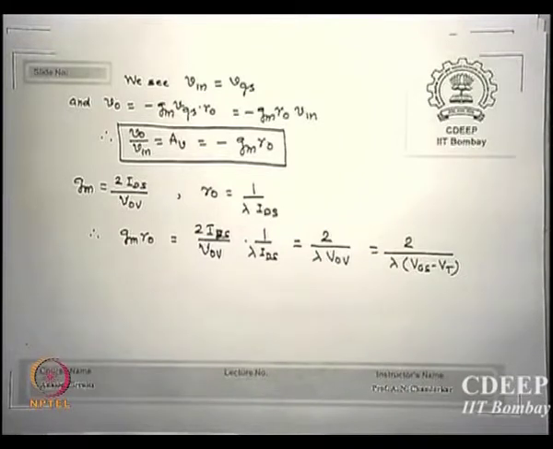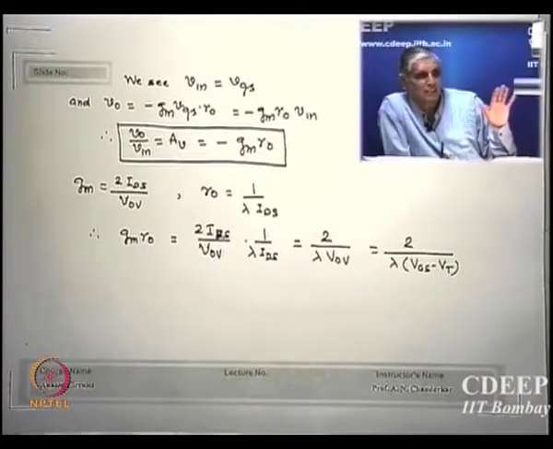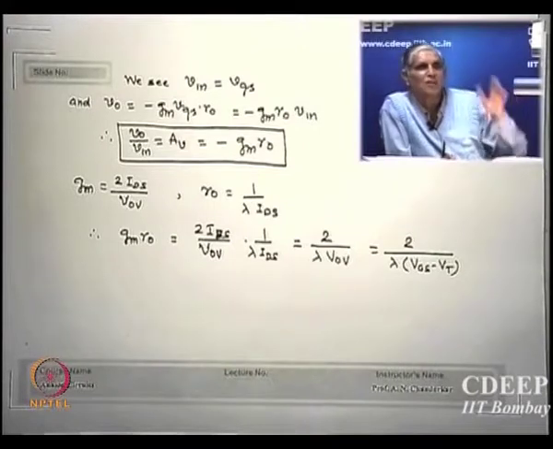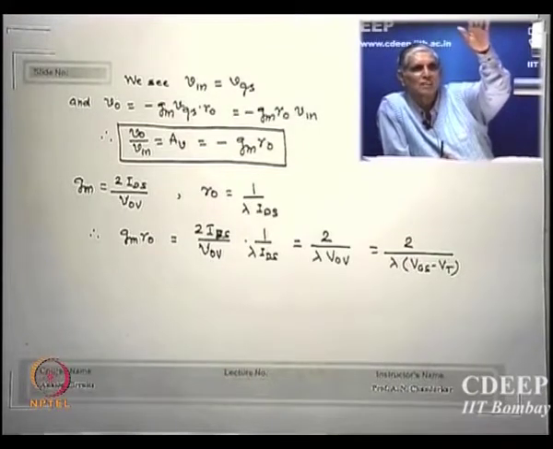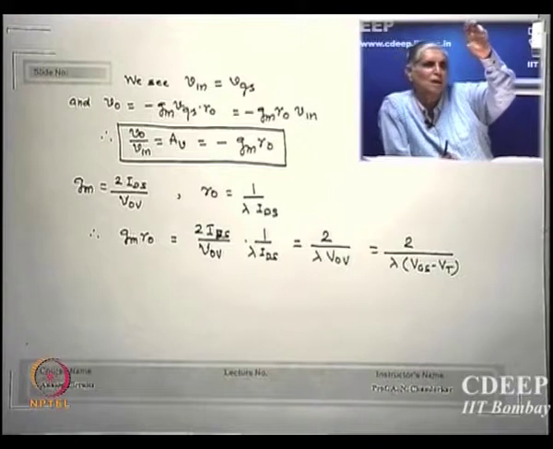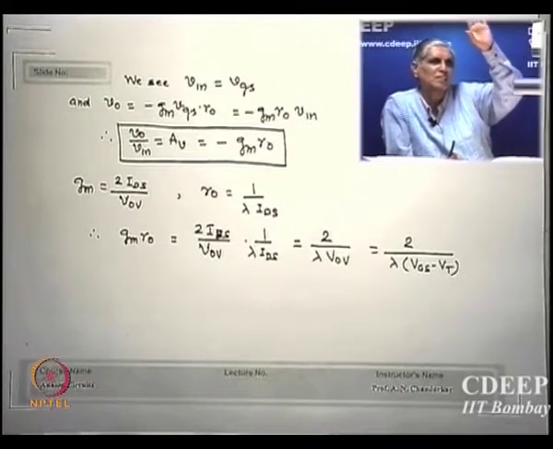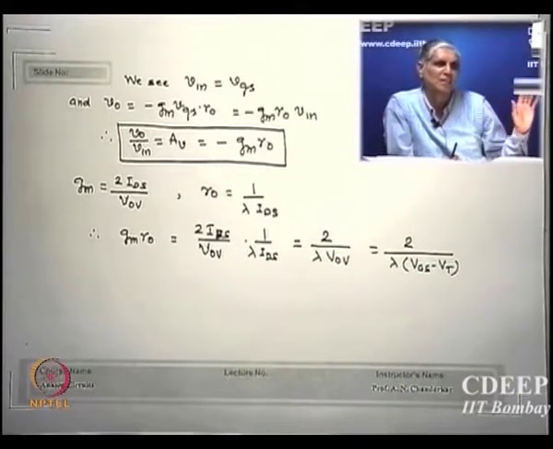This is called the intrinsic gain of a transistor, is that correct? This is not extrinsic, why is it not called extrinsic? Because RD is not connected, is that correct? This is intrinsic, is that okay? Why is it called intrinsic? Because there is no external component sitting on it. It is internal to the transistor, this gain.